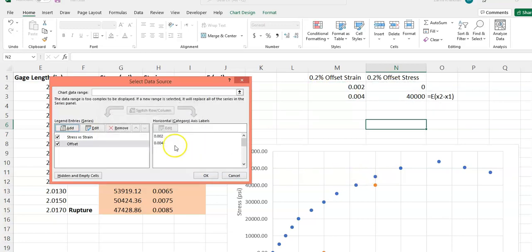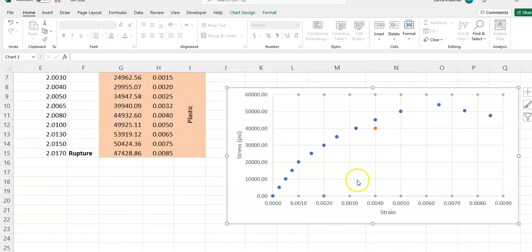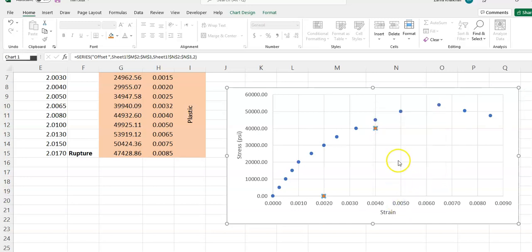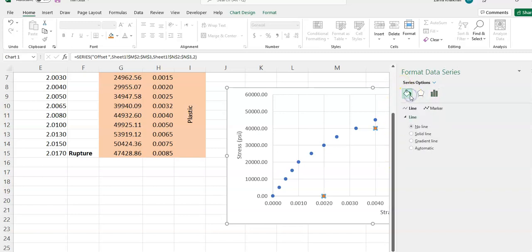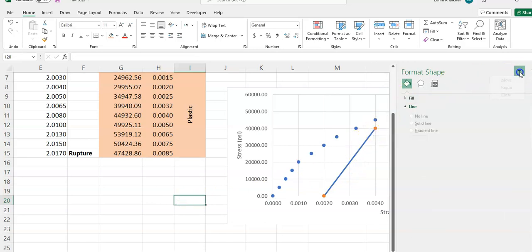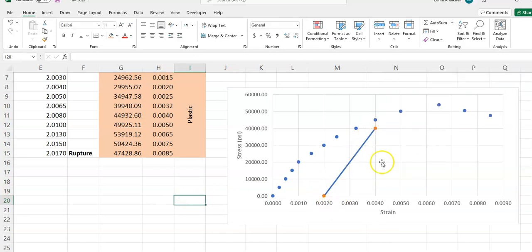Click OK. Now I have these 2 points, and let's add a line here. Format data series, add a solid line. This is a line that connects the 2 points, and if you notice, you can see that this straight line has the same slope as this linear portion of the curve.